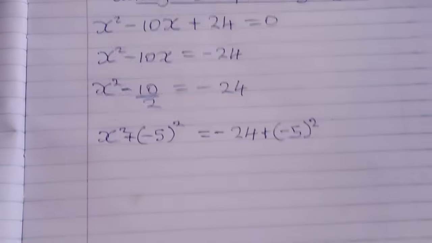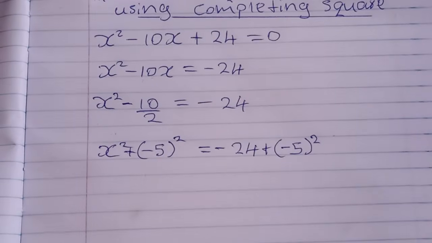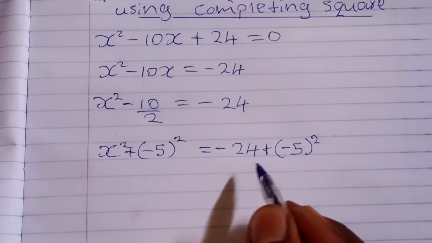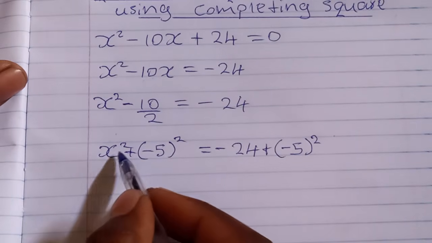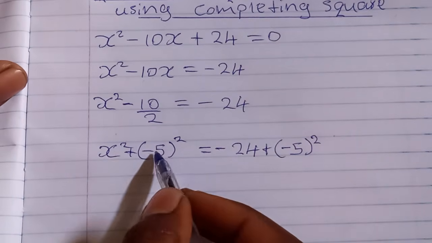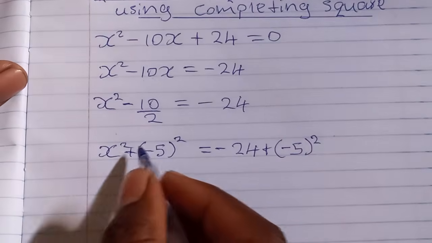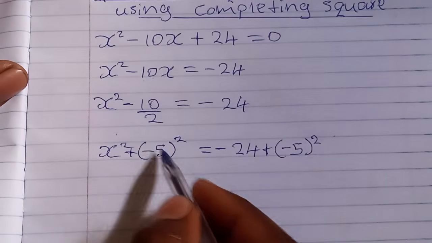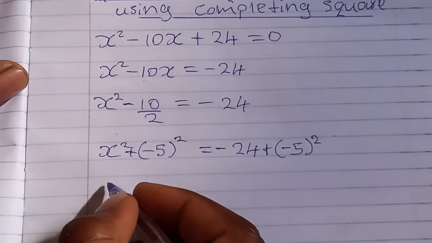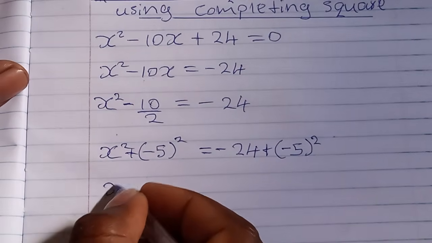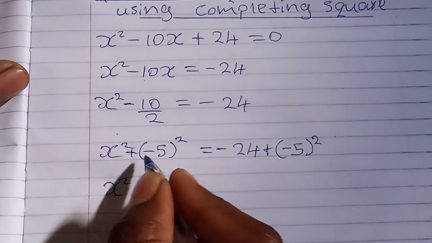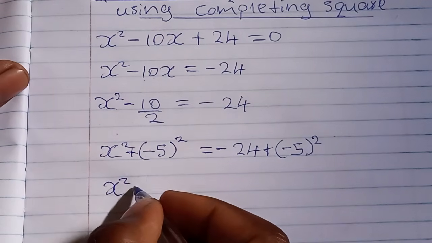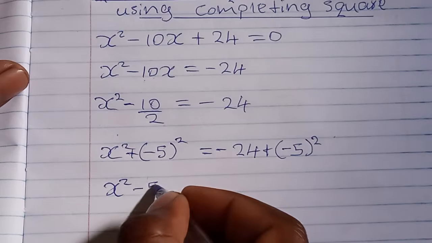Then when you reach this stage, you are almost done, because all these terms are squared, so we will just put them together. Yes, if you have something like this, always put them together. You say x squared, positive times negative, it will be negative 5.